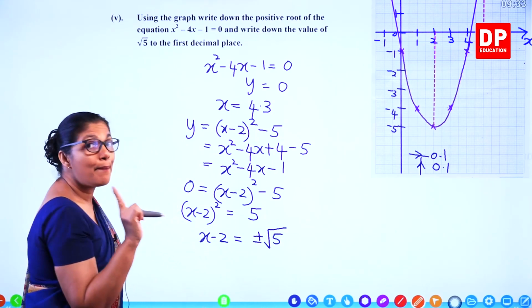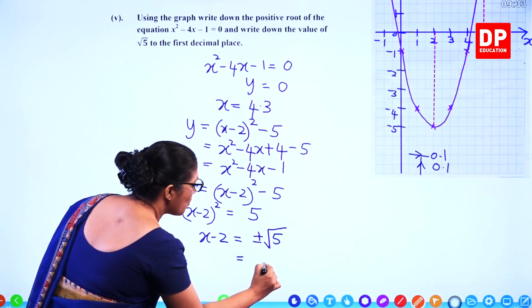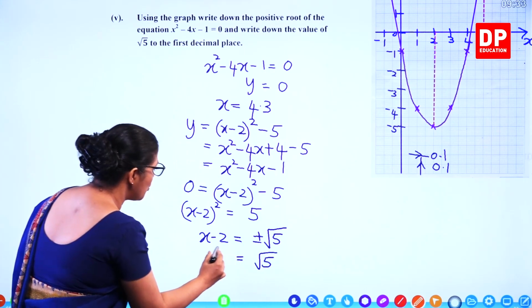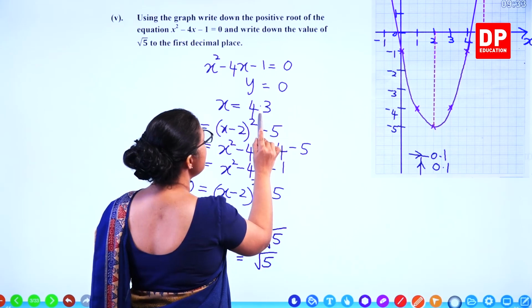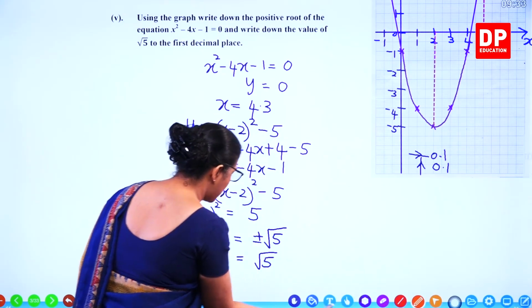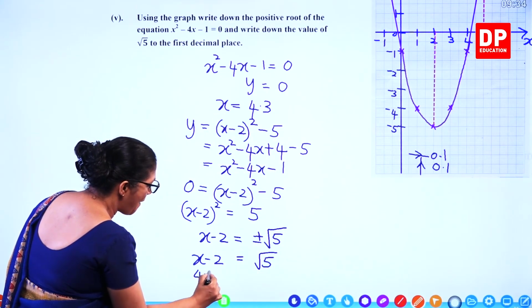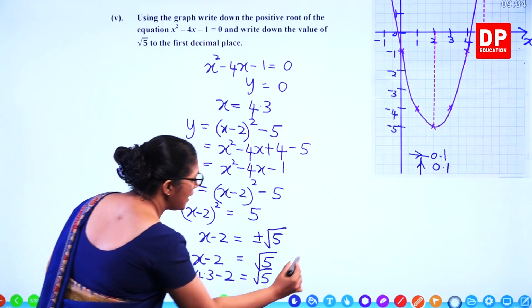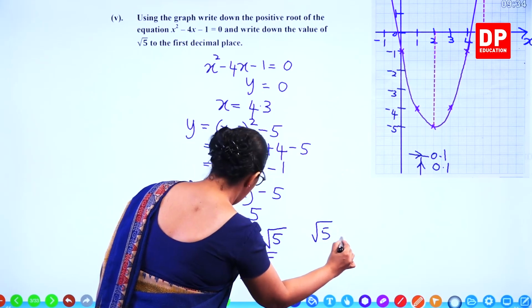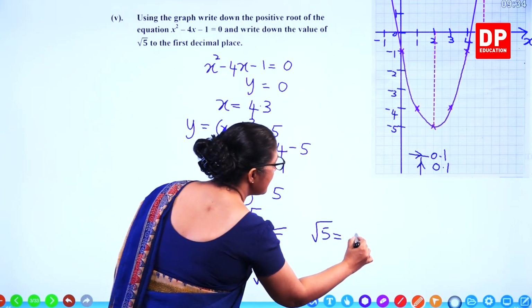But we need only positive root 5, so root 5 is equal to x minus 2. Now we found x equals 4.3. Just substitute: 4.3 minus 2 is the root 5 value. So root 5 equals 2.3.